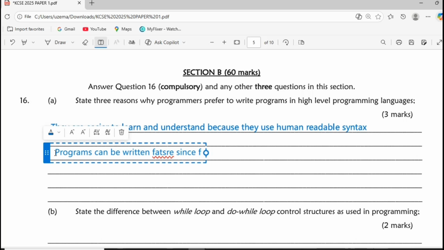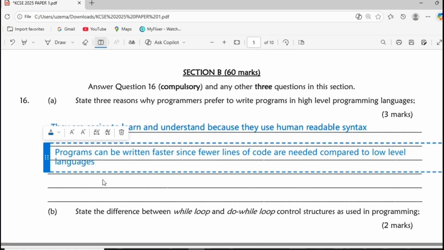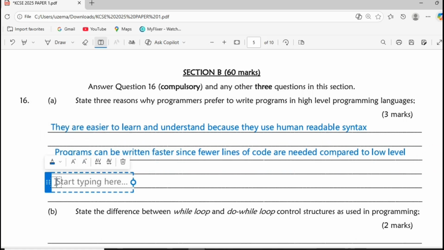2 is that writing programs in high-level languages is faster compared to low-level languages. This is because of the fewer lines of code that are needed to write a program in high-level languages. So it is faster. That is another advantage.